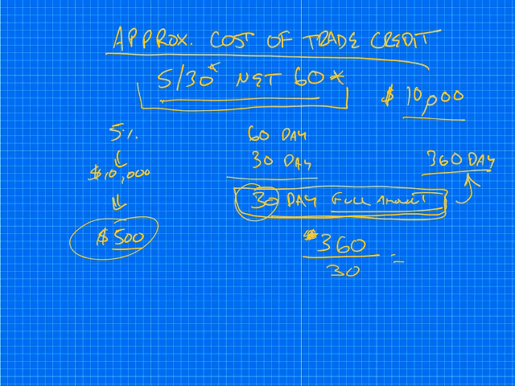We do a little division, and we see there are 12 chunks of 30 days within a 360-day year. From there, it's pretty easy. We just take our 12 periods in which the discount is lost, times the amount of the discount, and with that we get $6,000.